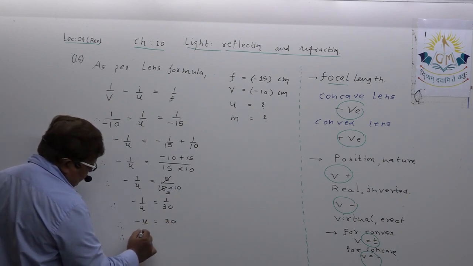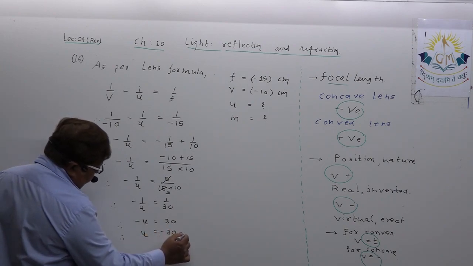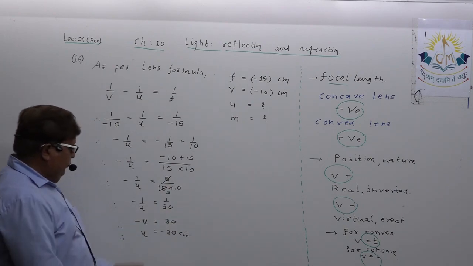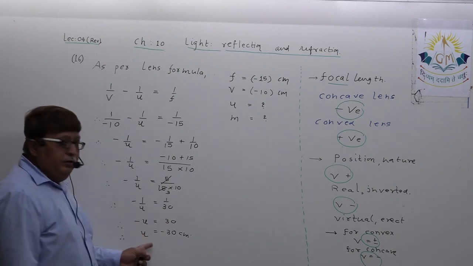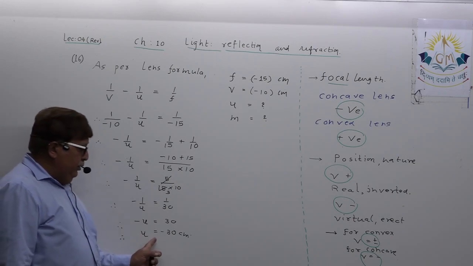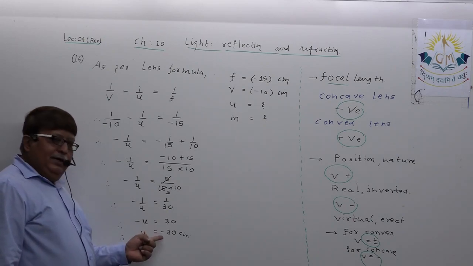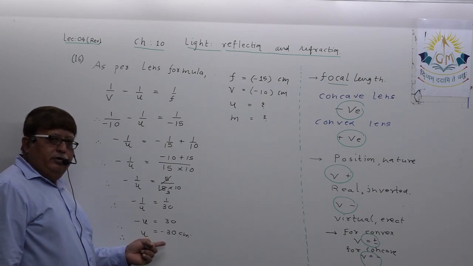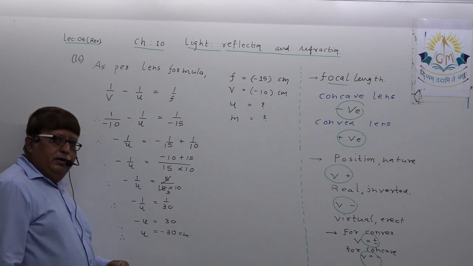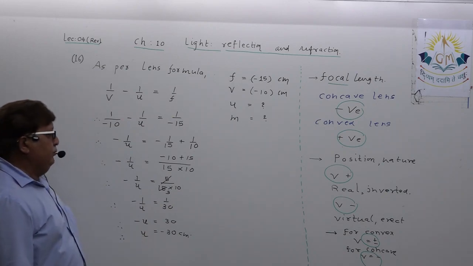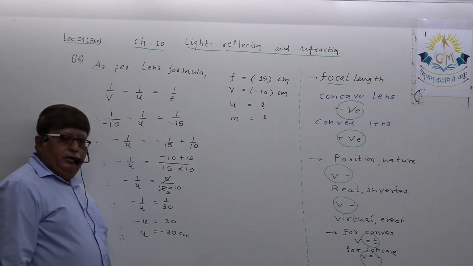Just make a transfer of the sign: minus 30 centimeter. So you already got one answer. What is that? That you need to keep the object at a distance of 30 centimeter, obviously in front of the lens, that you all know. Okay. So is it clear in your mind?